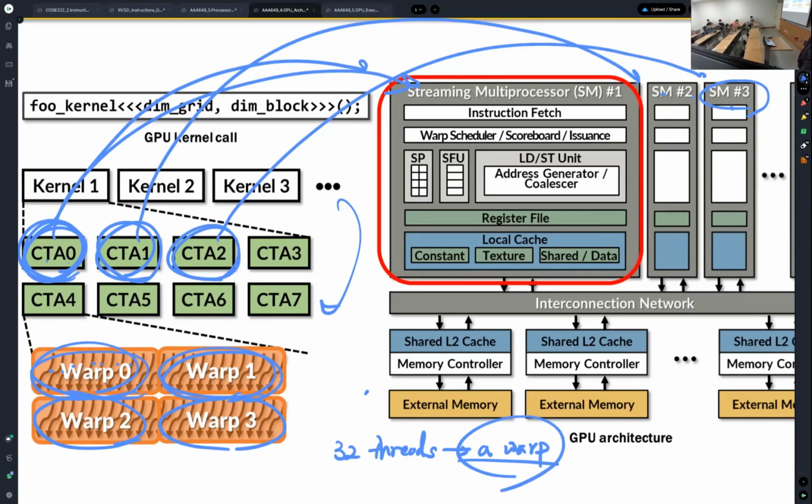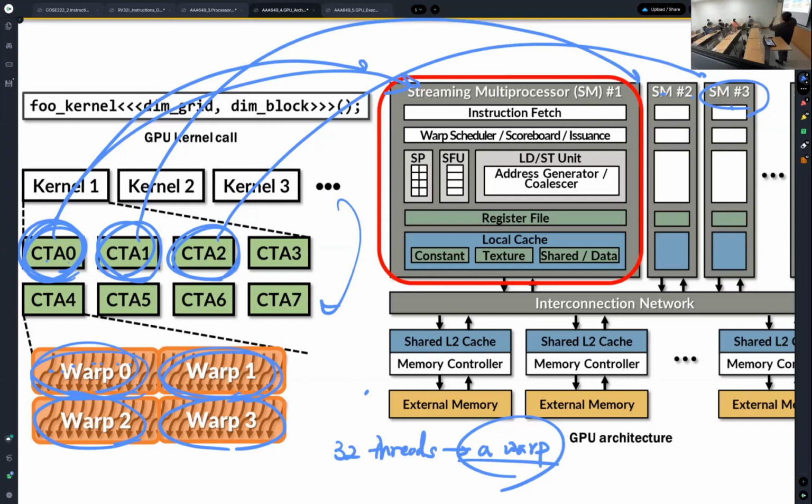So from the same kernel, multiple CTAs or thread blocks are generated, and from a CTA, multiple threads are generated. In the GPU architecture, CTAs are assigned to SMs.